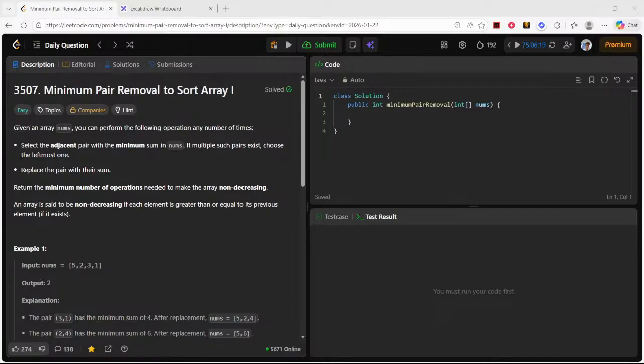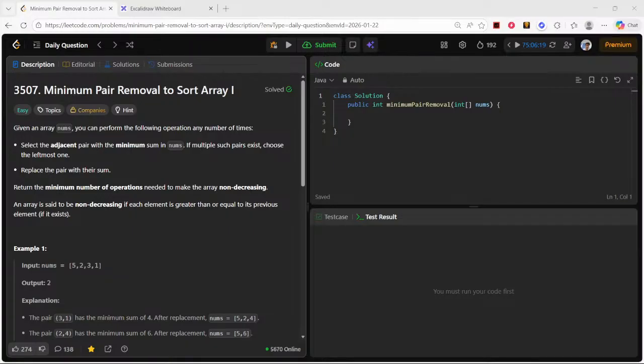So how will we approach this? Firstly, we initialize a counter, answer, to track the number of operations. Then, while the array is not sorted, we scan the array to find the adjacent pair with the minimum sum, and replace the first element of the pair with the sum.